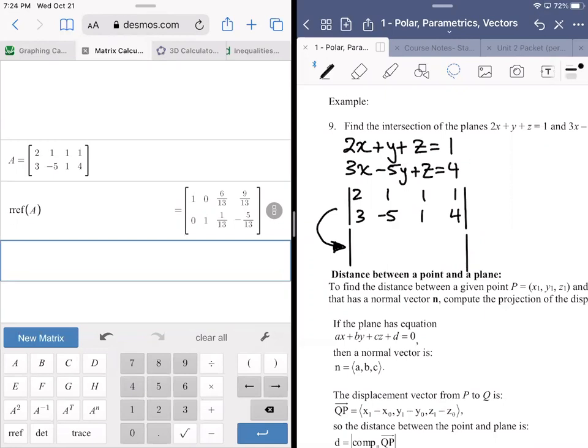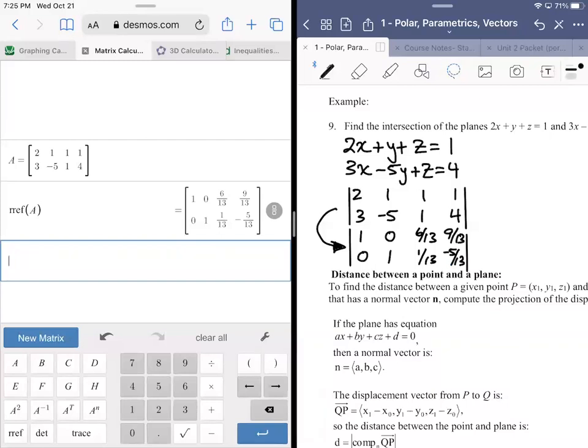So we have 1, 0, 6 13ths, 9 13ths, and 0, 1, 1 13th, negative 5 13ths. We run into a little issue here that maybe you don't recognize yet.